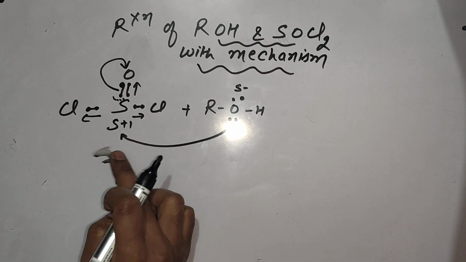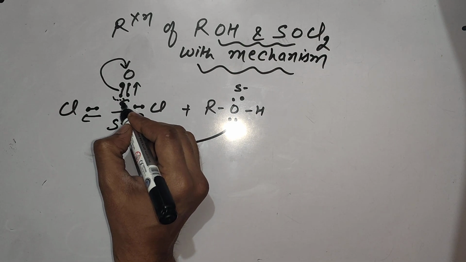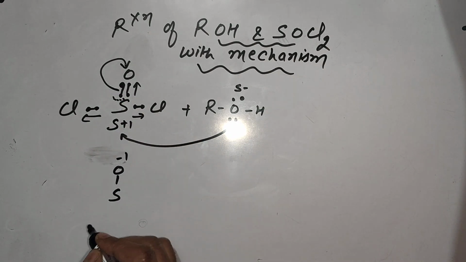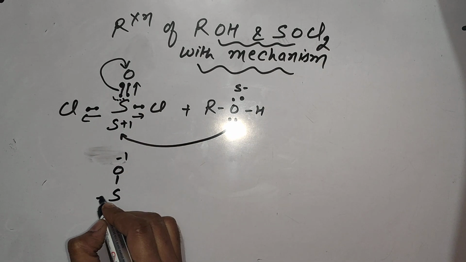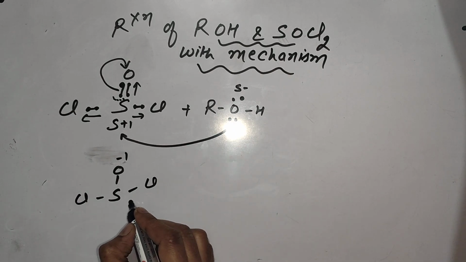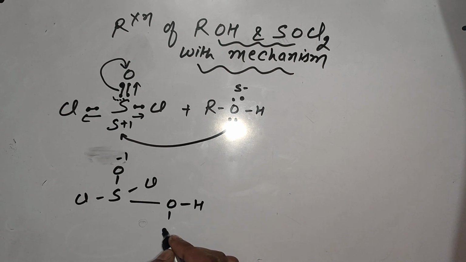Due to which this oxygen will adopt a negative charge, because this electron is of sulfur and oxygen is gaining it, so oxygen will adopt a -1 charge. Cl is as it is, Cl is as it is, and oxygen is going to make a bond with sulfur. Now oxygen is making 3 bonds.